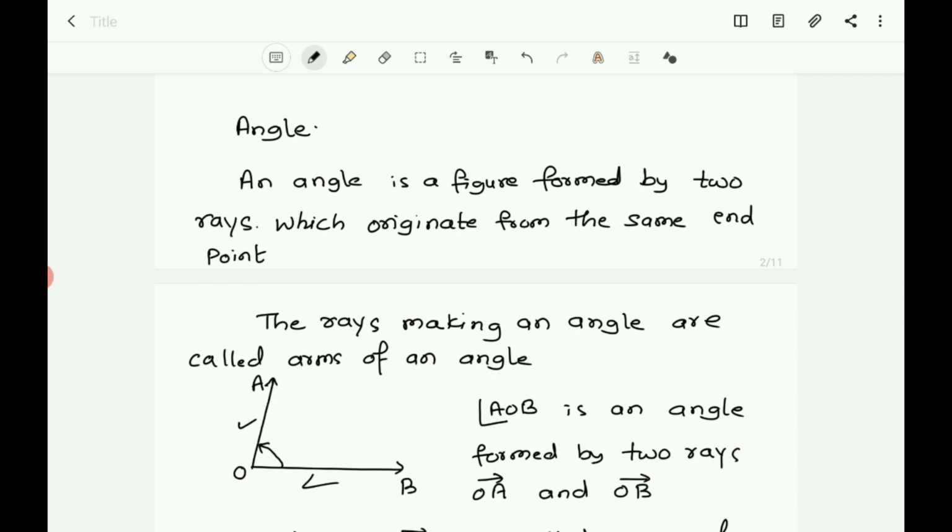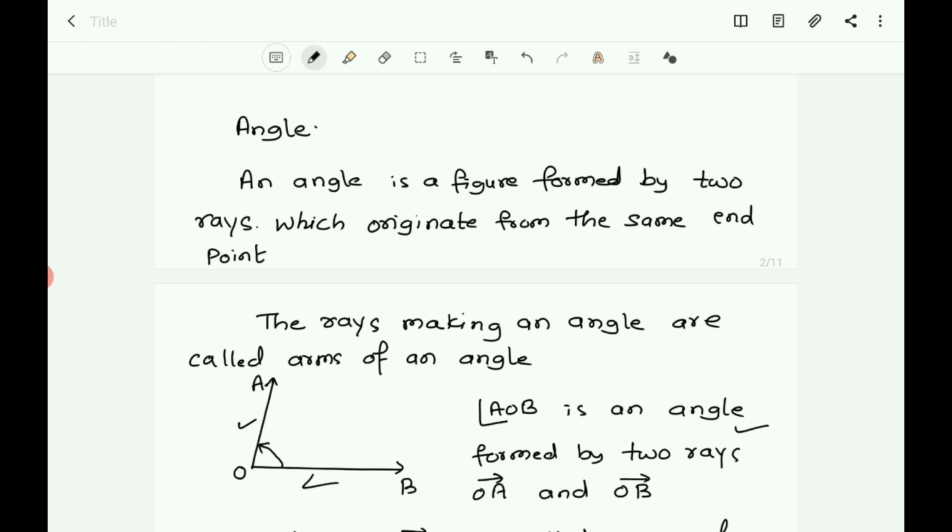Angle AOB is an angle formed by two rays, ray OA and ray OB. OA and OB are originating from a point O, forming the angle AOB.